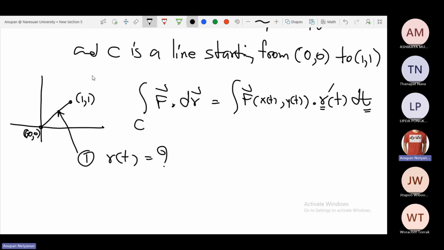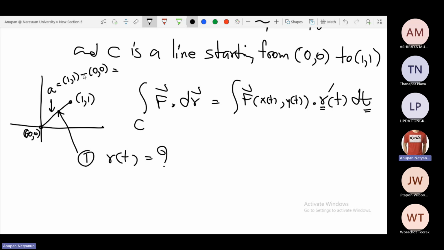The principle here is, if you have 2 points, then you can have a vector, right? Let's say the problem said that C, which is this line, starts from this point, 0, 0, to 1, 1. Okay. So what I can have first is a vector in this line direction, let me call it vector A. I take the endpoint, which is 1, 1, minus the beginning point, which is 0, 0.